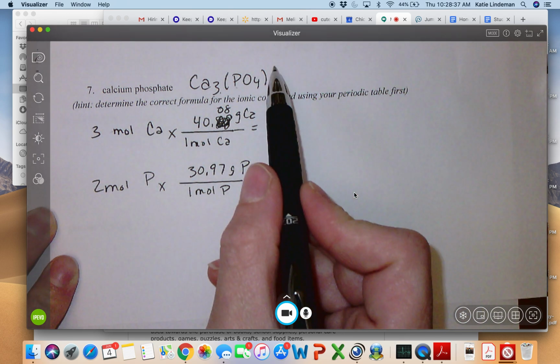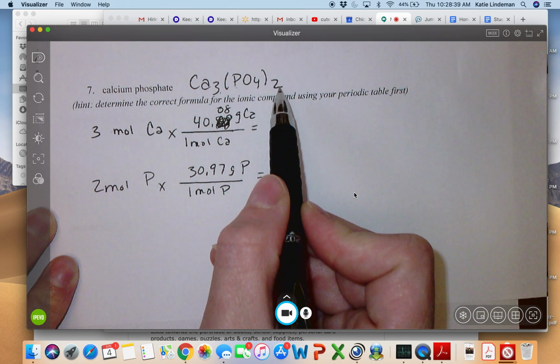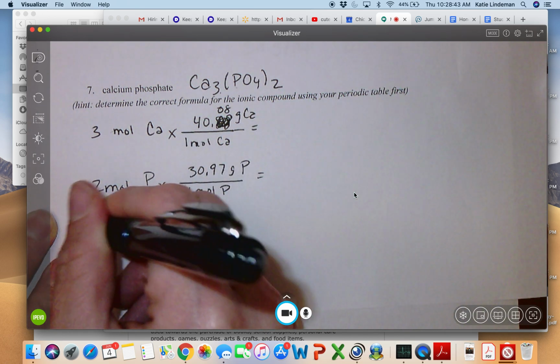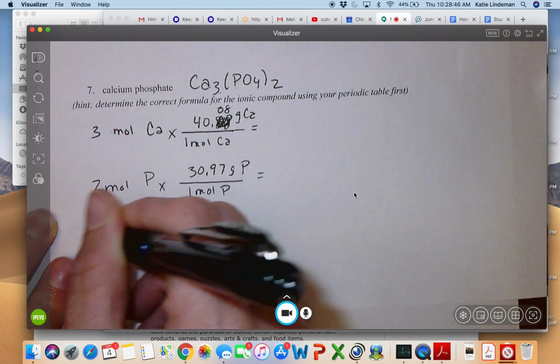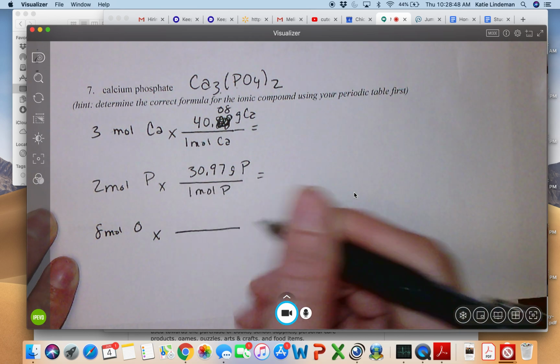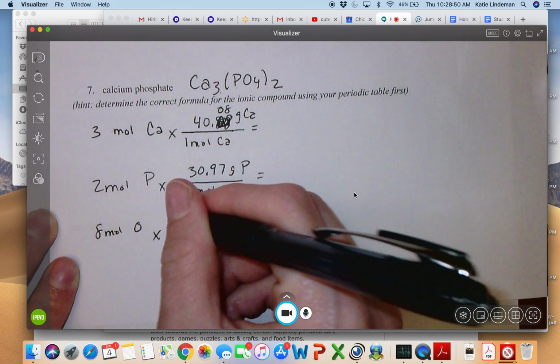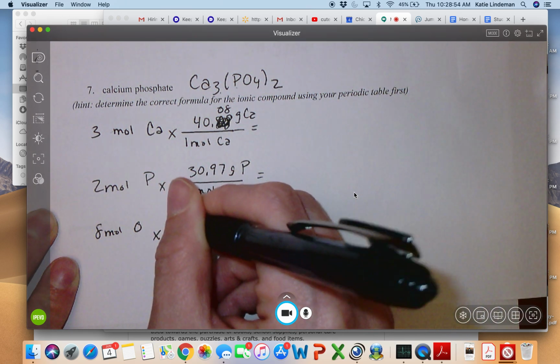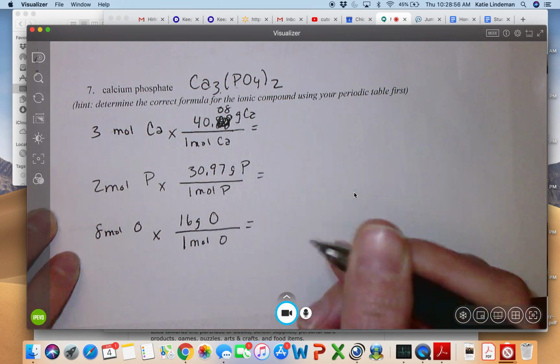And then for oxygen, we multiply these numbers. So 2 times 4 is 8. So I have 8 moles of oxygen. And again, I just look at my periodic table. It looks like for 1 mole of oxygen, that's 16 grams of oxygen.